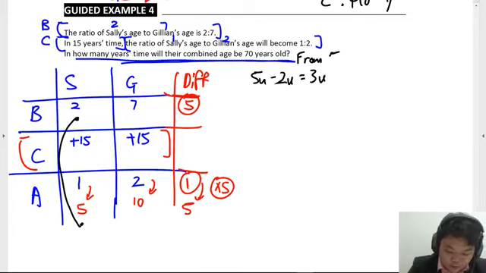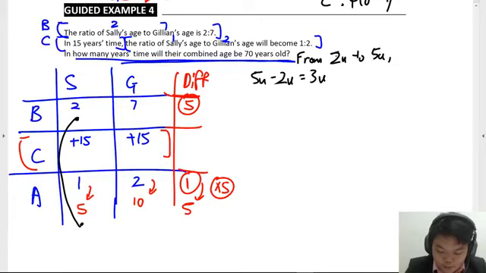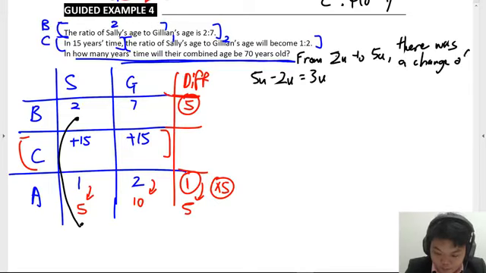From 2U to 5U, there was a change of 3 units. That 3 units, where did it come from?